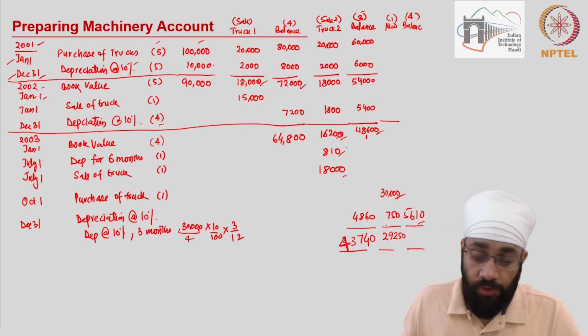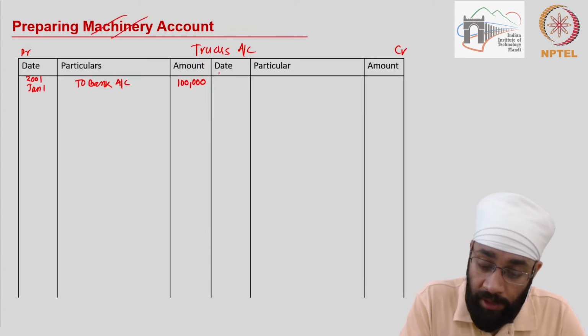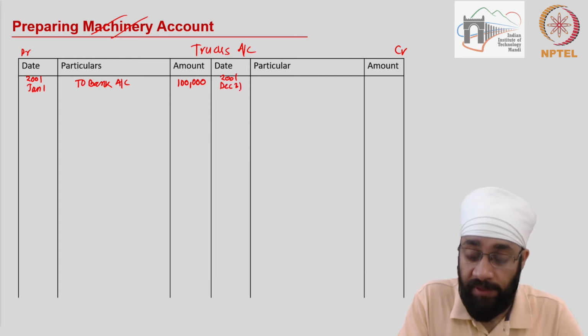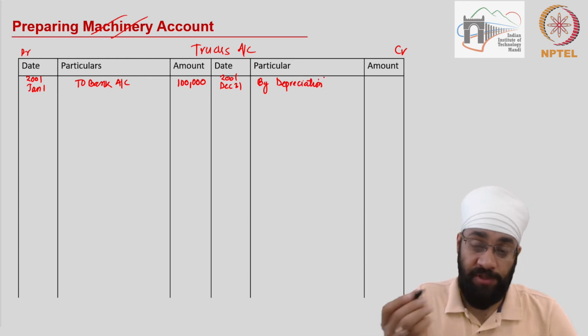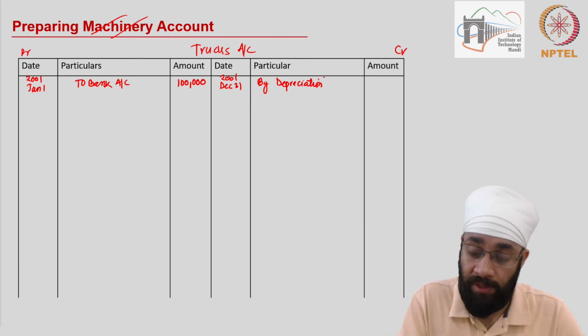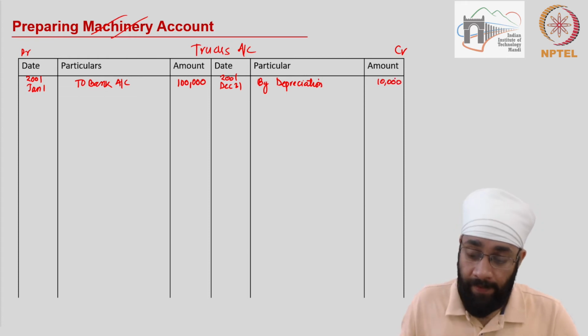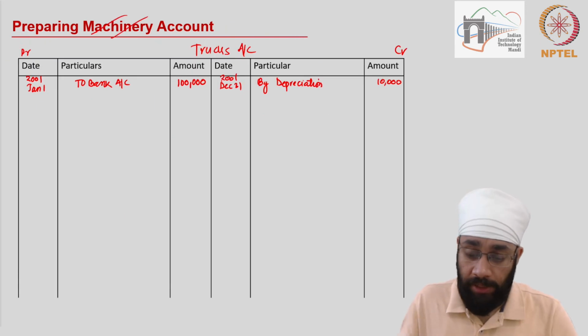At the end of the year, you charge depreciation of 10,000. So in 2001 only, on December 31st, I'm going to charge depreciation, and I'm not writing the journal entry because I know depreciation debit to trucks is how we do the transaction. So this is 10,000 charged as depreciation. So the new book value is 90,000.